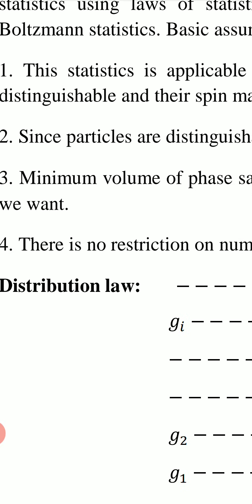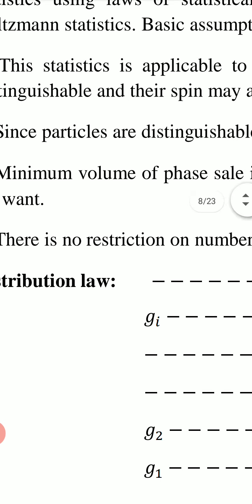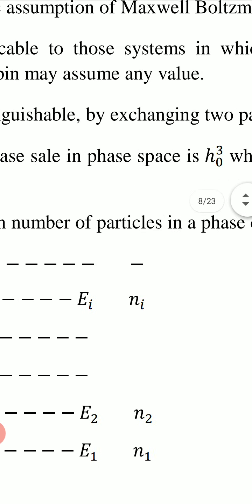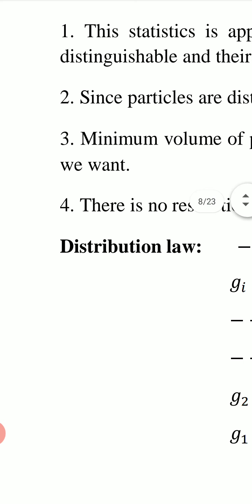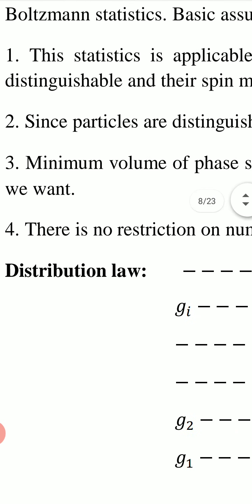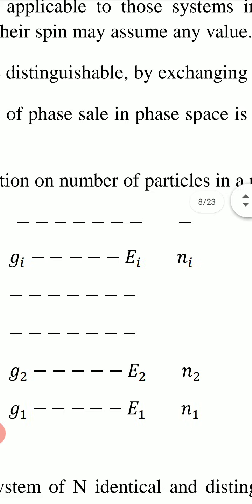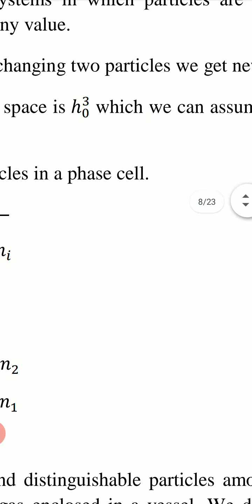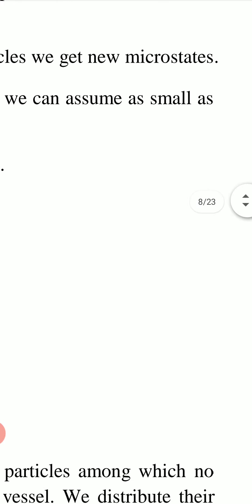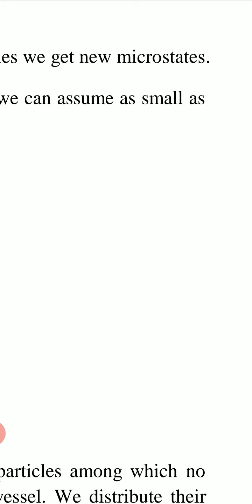Distinguishable means that we can distinguish any two particles, and their spin may assume any value. Number two, since particles are distinguishable, by exchanging two particles, we get new microstates.